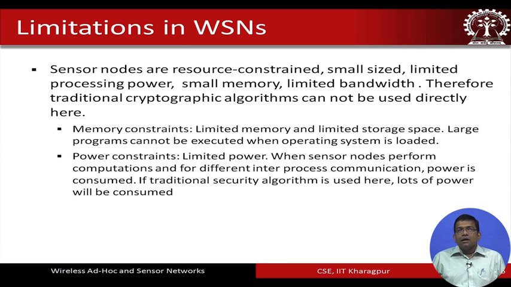If you try to use the traditional cryptographic mechanisms directly, they cannot be used, because these traditional cryptographic mechanisms are memory hungry as well as power or energy hungry. They are computationally intensive, and because of that they are going to consume a lot of energy. So, these are not very suitable for use in these resource constrained environments.